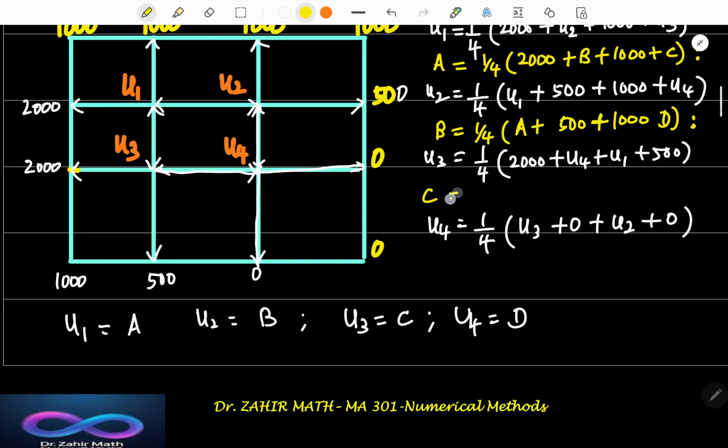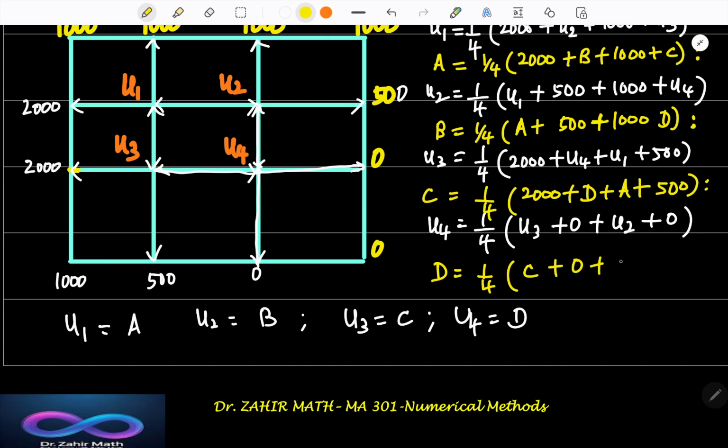Then u3, C, is equal to 1 by 4 bracket open, 2000 plus u4, which is D, plus u1, which is A, plus 500, and then colon, right? Then u4, D, is equal to 1 by 4 bracket open, u3, which is C, plus 0 plus u2, which is B, plus 0.